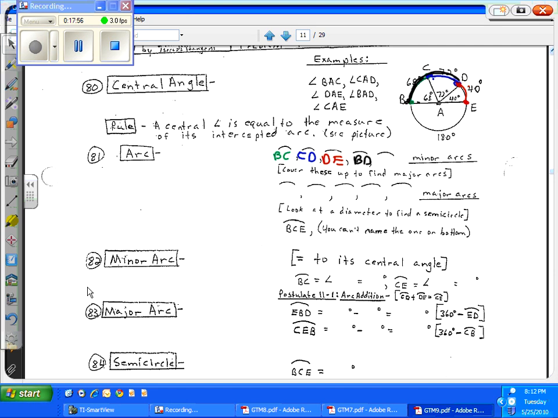Or we could go from E all the way through D to C. That's still less than halfway around, less than a semicircle, and so arc CE is also a minor arc.